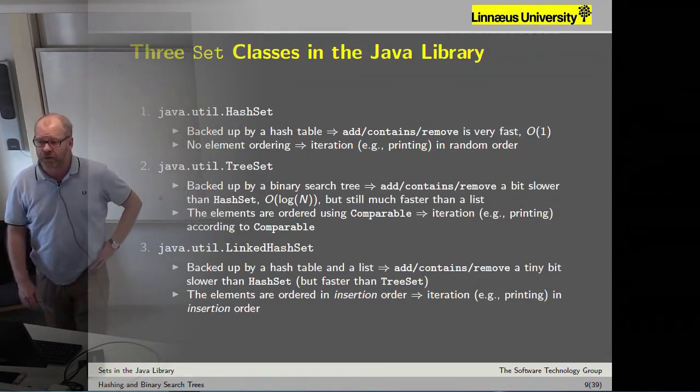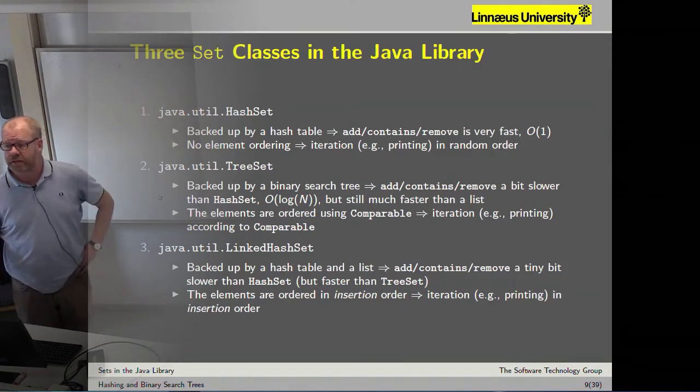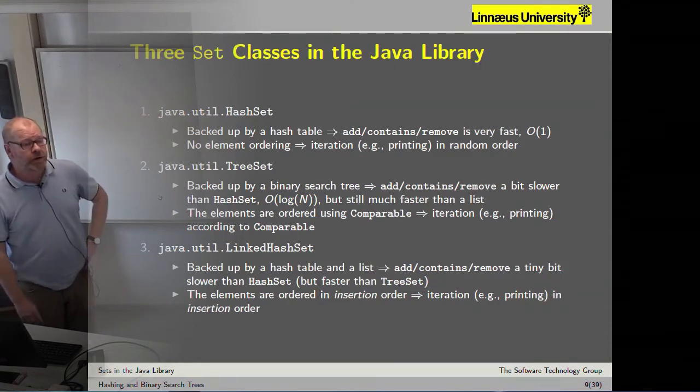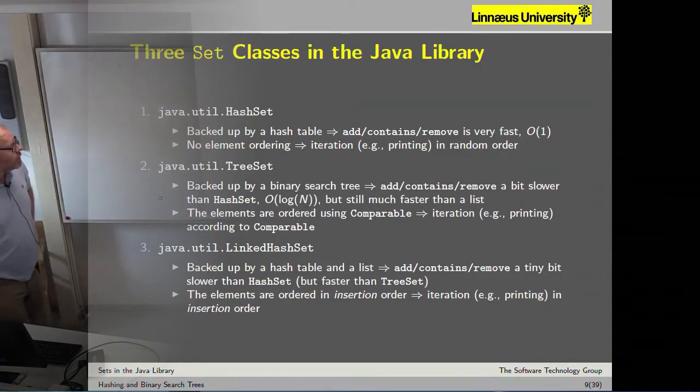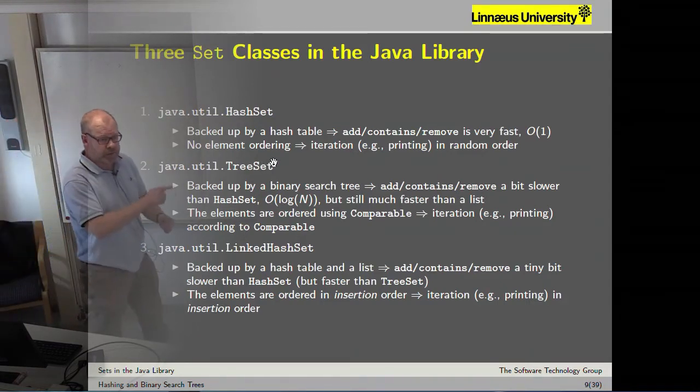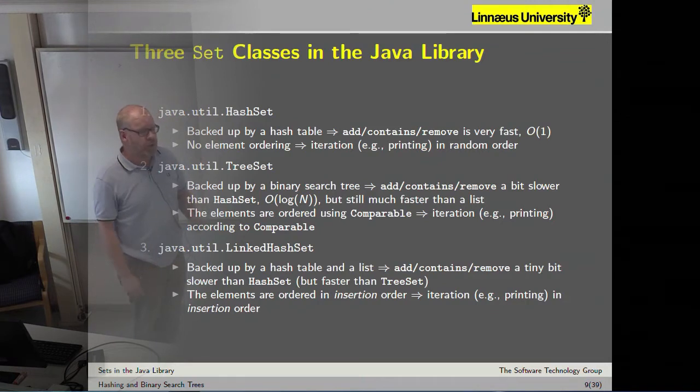If you ask for the iterator or iterate over the HashSet, they will come out in any random order. The TreeSet is fast basically because it keeps the elements sorted in a sense. So if you add a number of integers to a TreeSet and then iterate over them, they will actually come out in ordered fashion, the lowest first.